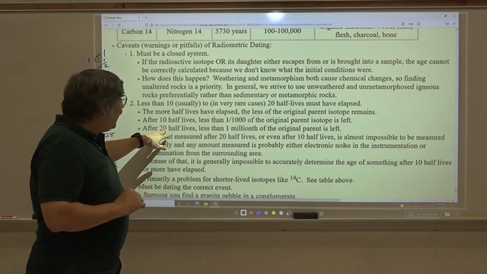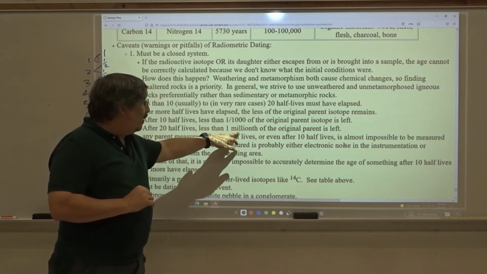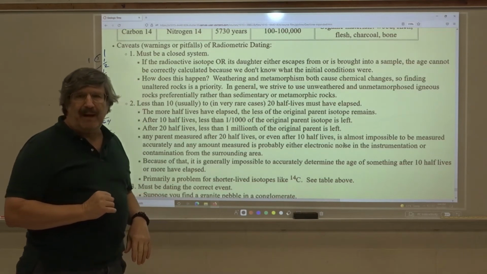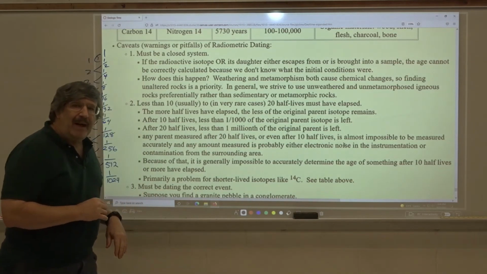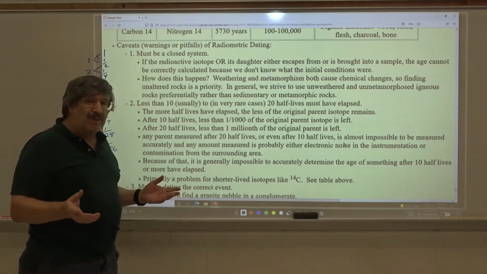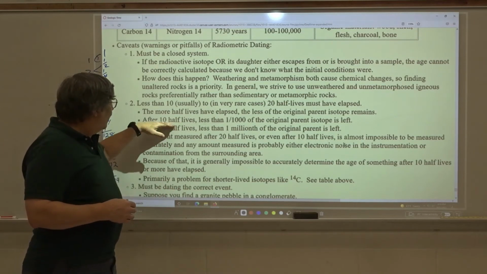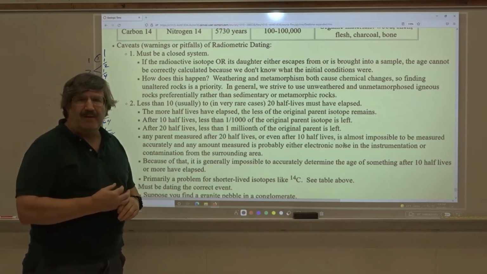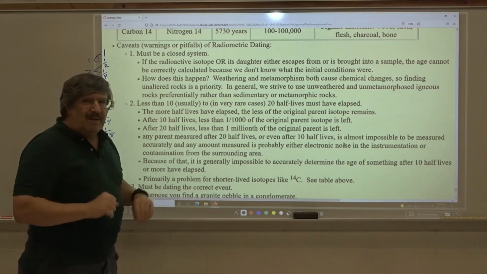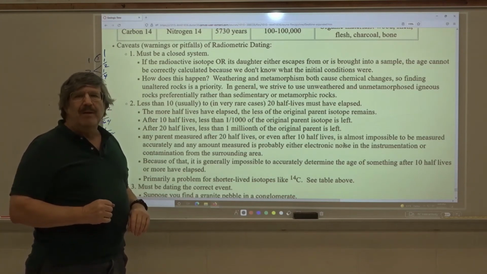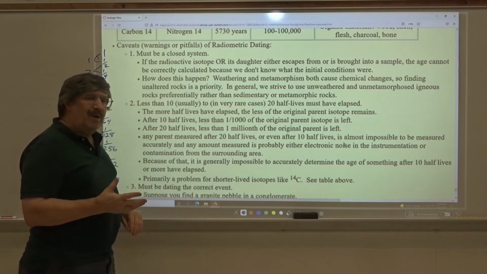Certainly after 20 half-lives, less than 1/1,000,000th of the original parent isotope is left. And the net result is it's almost impossible. Under rare conditions, you can measure up to 10 half-lives. But after 20 half-lives, you really can't measure the amount of parent isotope accurately.